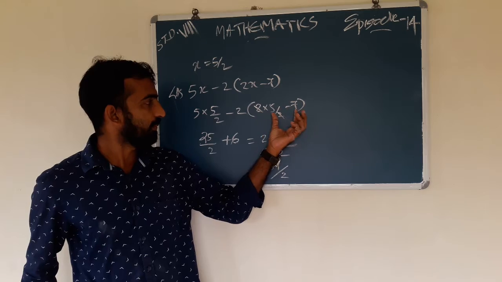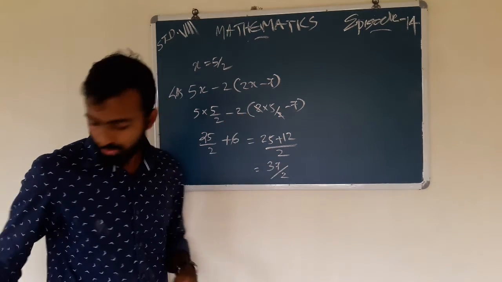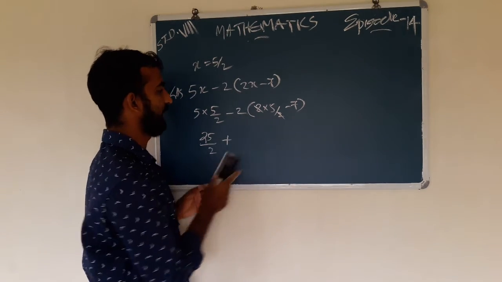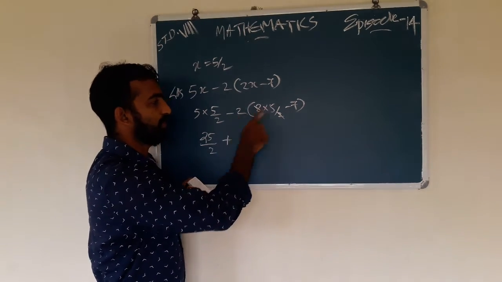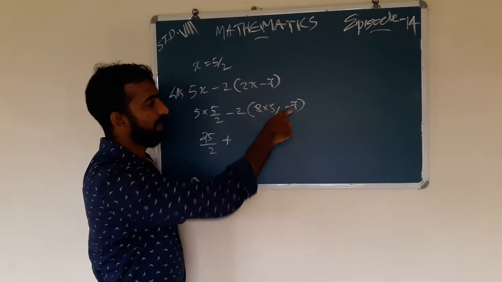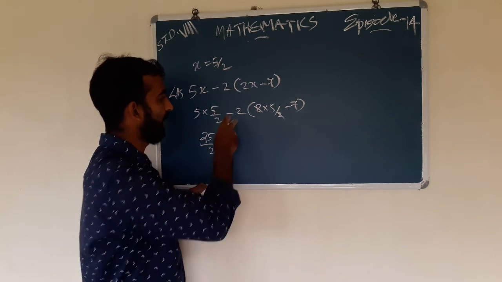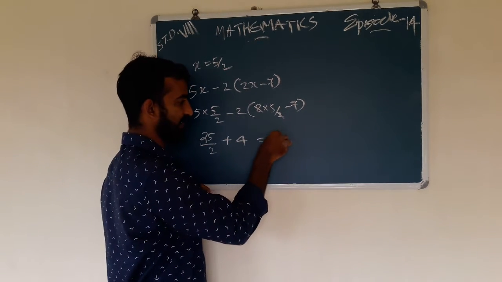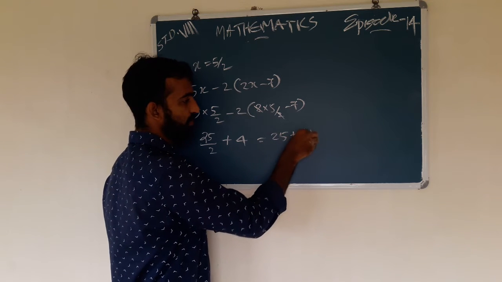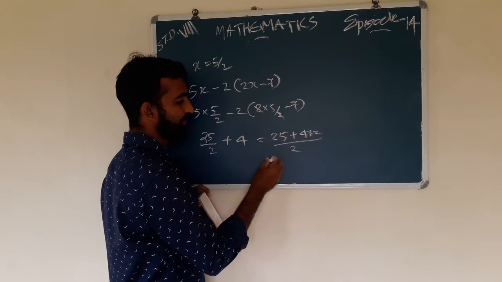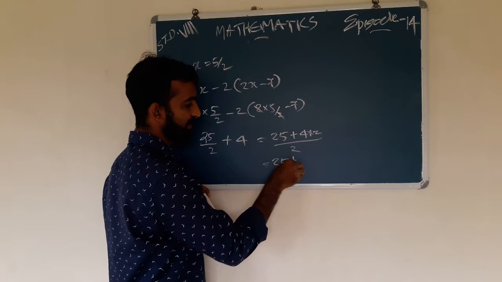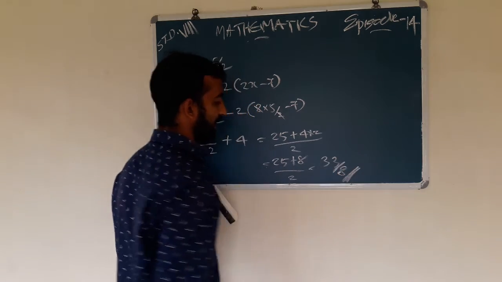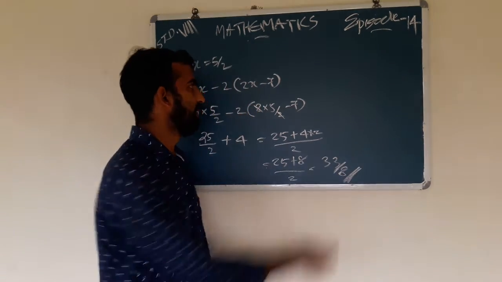Here is 5 and here is no 6. Here is a mistake. That is minus 2. Here 2 into cancelling. 5 minus 7 we get minus 2. Minus 2 into minus 2 plus 4. That is 25 plus 4 into 2 whole divided by 2. 25 plus 8 by 2. That is 33 by 2.